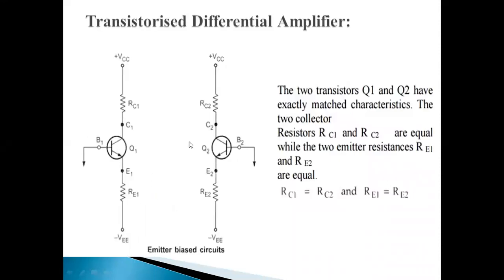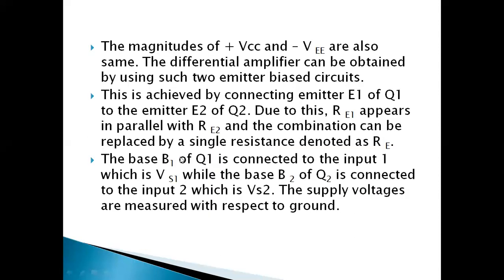In order to construct a differential amplifier, we connect the emitter E1 of transistor Q1 to the emitter E2 of transistor Q2. So the Re1 appears in parallel with Re2, and the combination of these two resistances is replaced by a single resistance, that is Re.